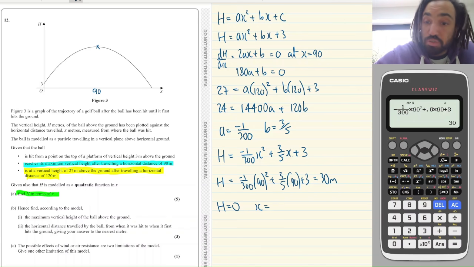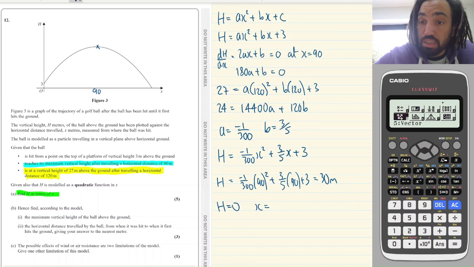So let's go to our quadratic solver on our calculator, and let's solve the polynomial, which is degree 2, which has an x squared coefficient of minus 1 over 300. It has an x coefficient of 0.6, and it has plus 3 there.